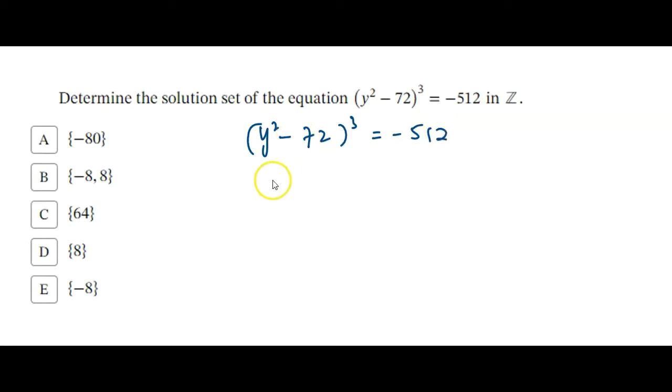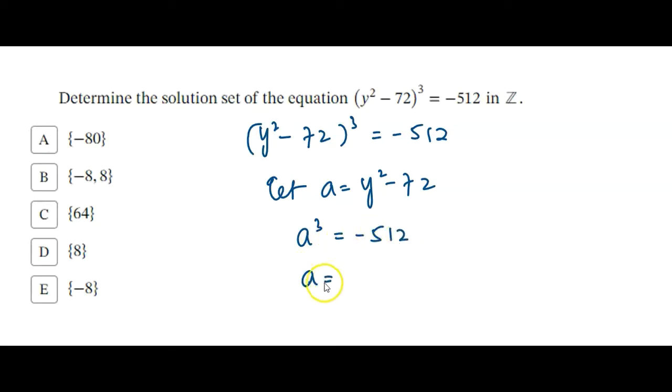So I will let a represent y squared minus 72. So here I got a cubed equals to negative 512. From here I can solve for my a first by taking the cube root of negative 512, where my a now is equals to negative 8.